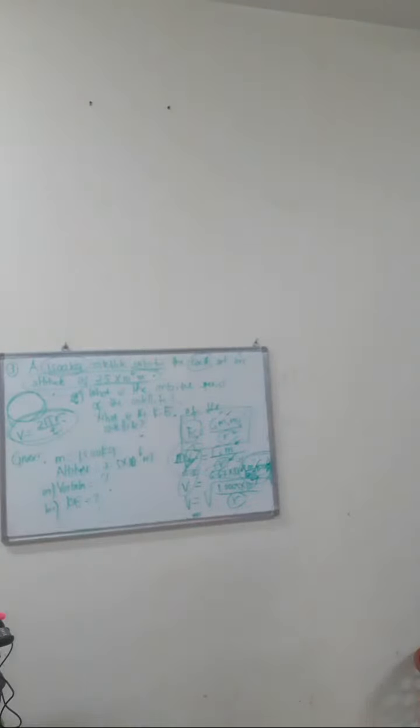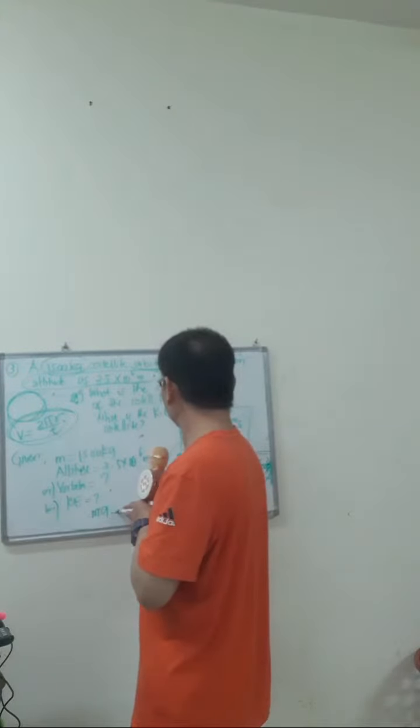Okay, now, the formula. So force is equal to mass times acceleration. You get the point. Force is equal to mass times acceleration. Then G, M1, M2, right?